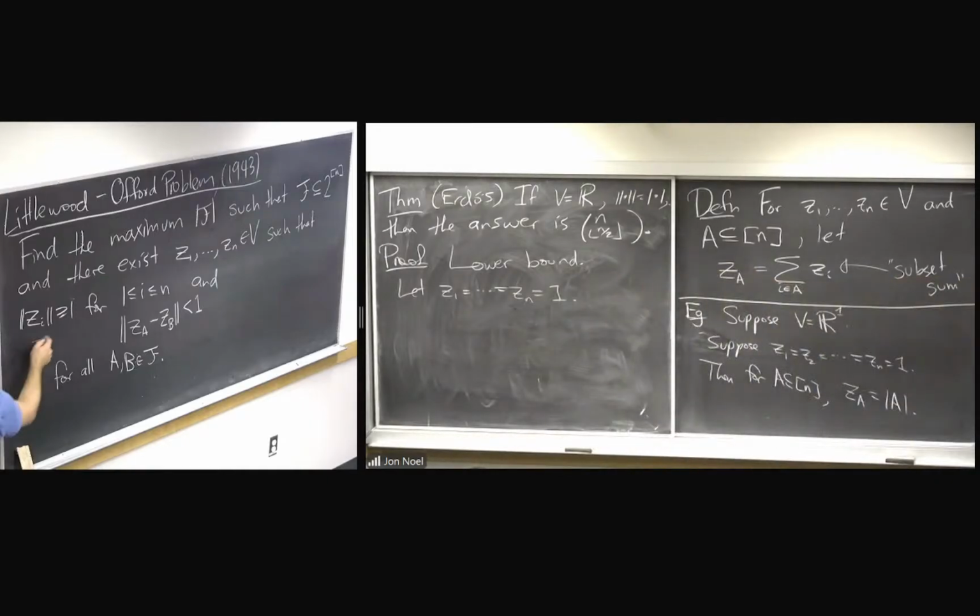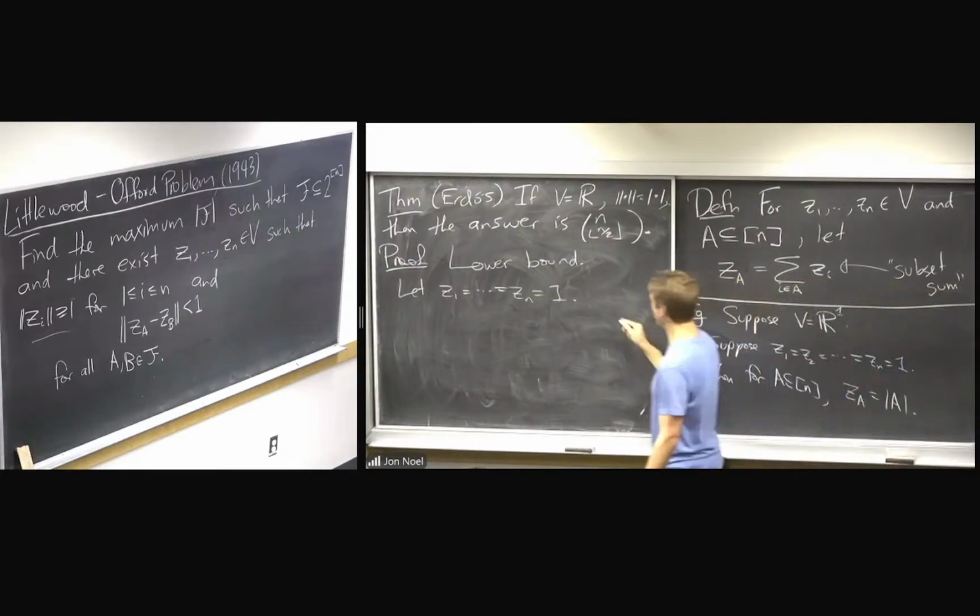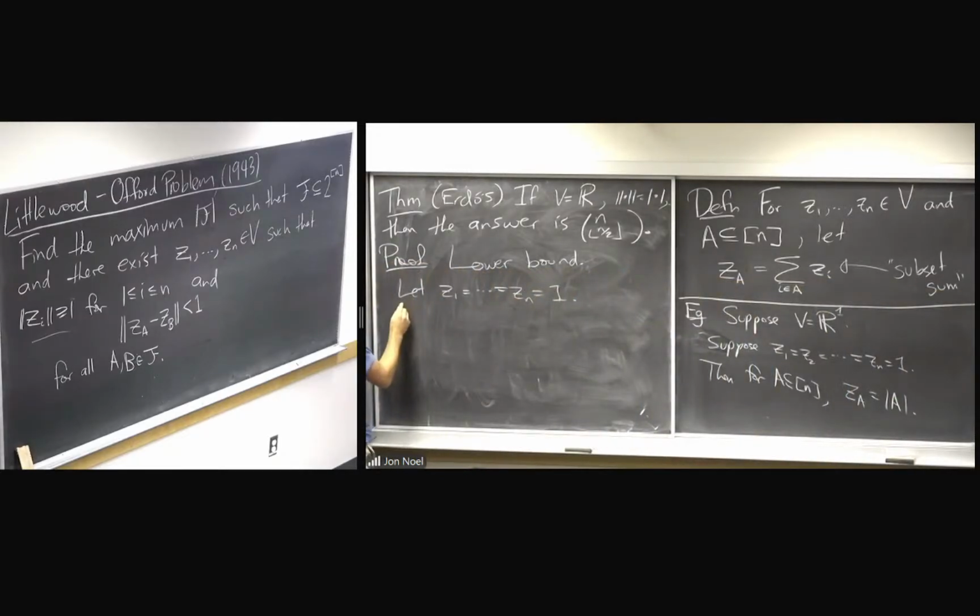And yeah, if I pick sets of the same size, then they have the same subset sum. And to pick sets of the same size, the best thing to do is to take F to be n choose n over 2, right?